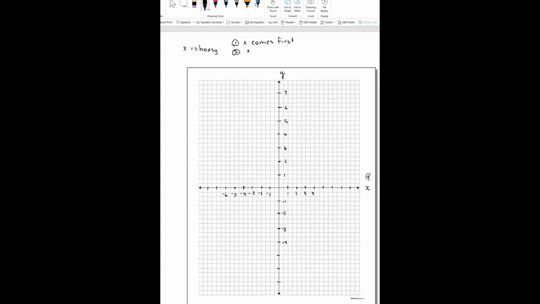X tells Y what to do. And X is going to support, or X holds up Y in slope formula.